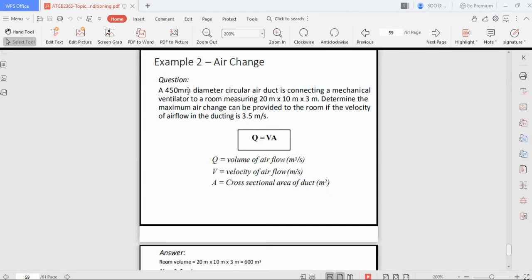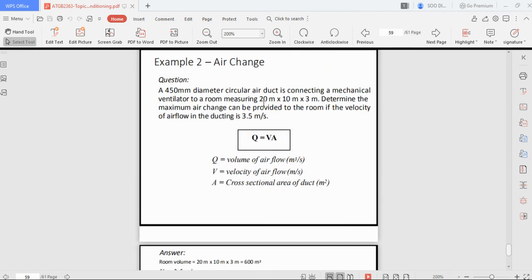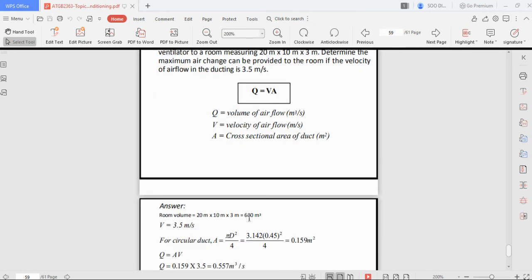And then you are given your diameter of the circular air duct, so you do not have to solve for it. You just plug in the value. So your room is 20 times 10 times 3, so you end up with 600 meter cube. And you are given the velocity equals to 3.5 meter per second.